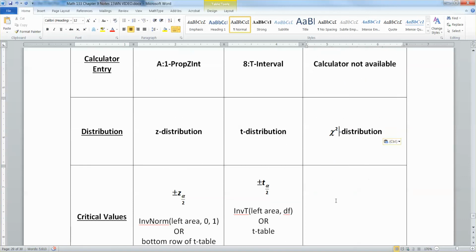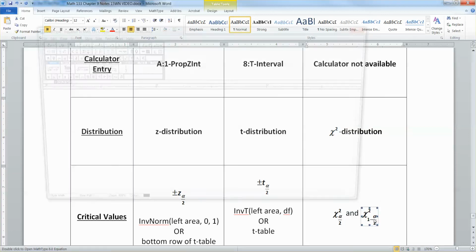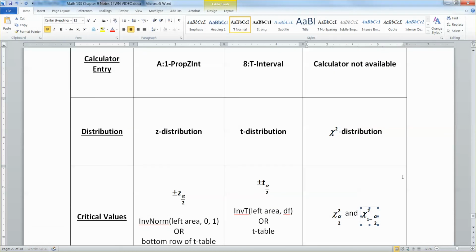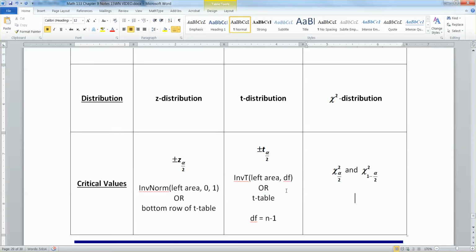Okay, so the critical values, they're a little bit different. So you have the critical value of chi squared alpha over 2 and the critical value of chi squared 1 minus alpha over 2. Here, that looks a little like it's all 1, but it isn't. There we go. Now, where do you find those? Well, you find them from the chi-square table.